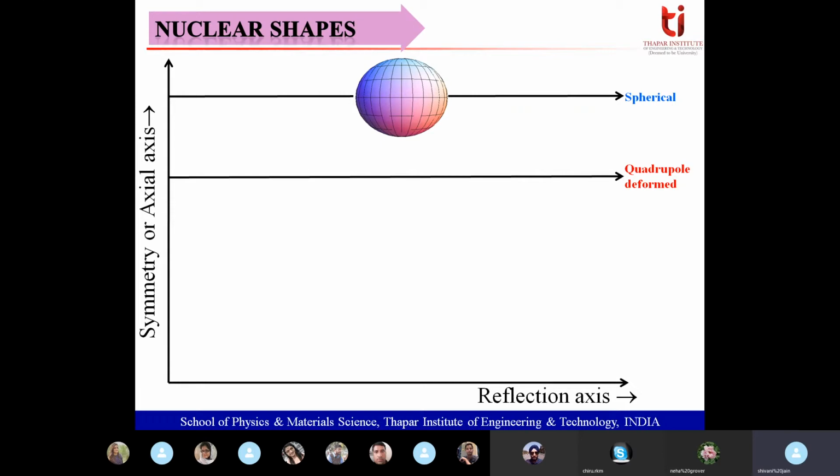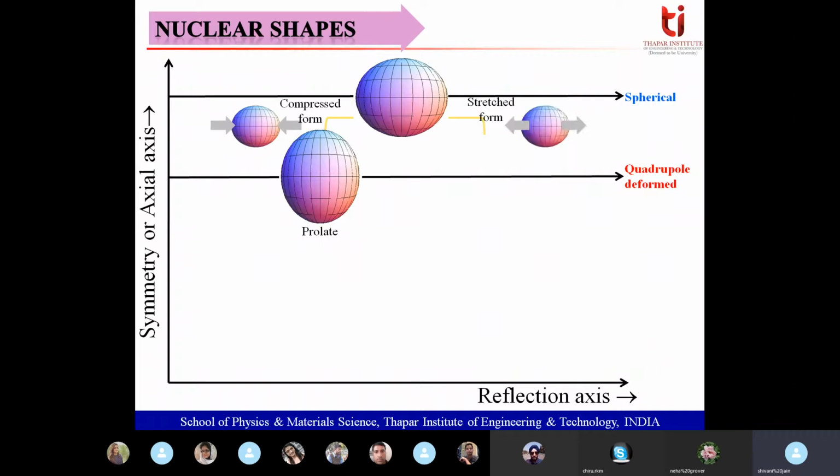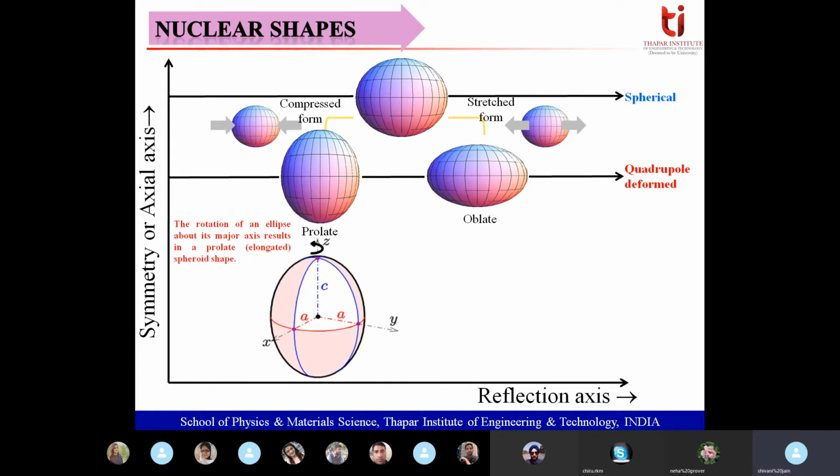Now, how do these shapes take form? We can see here that the compressed form of spherical gives us one kind of quadrupole deformed nuclei that is named prolate, and the stretched form defines another kind called oblate. These nuclei can also be differentiated in reference to the horizontal and vertical axes. For the prolate, the symmetry axis comes along the major axis length.